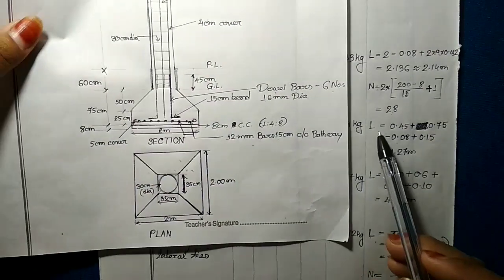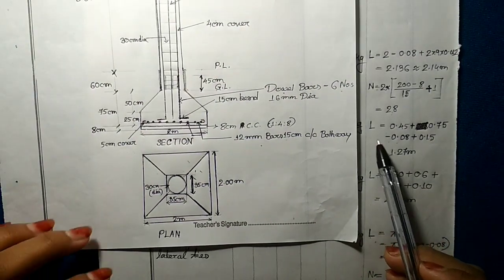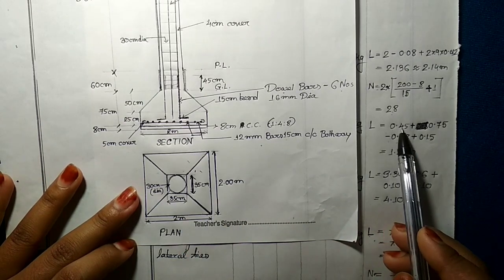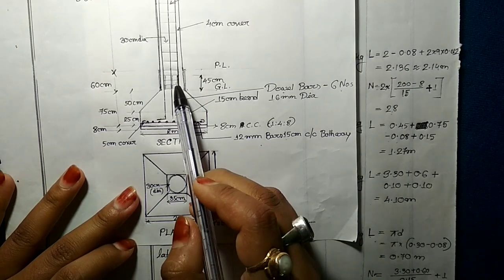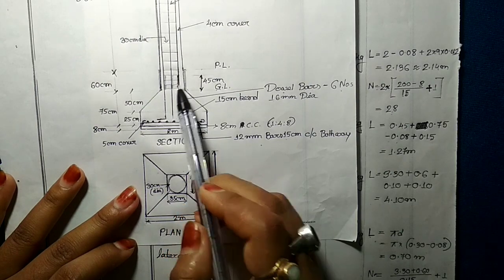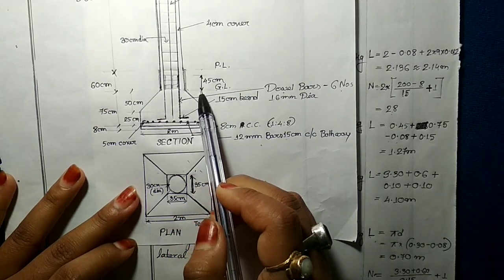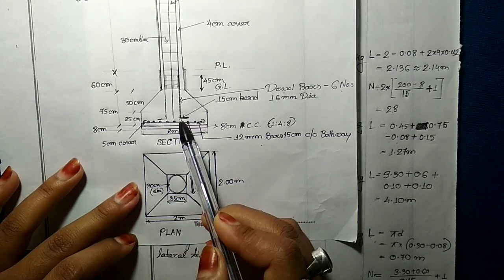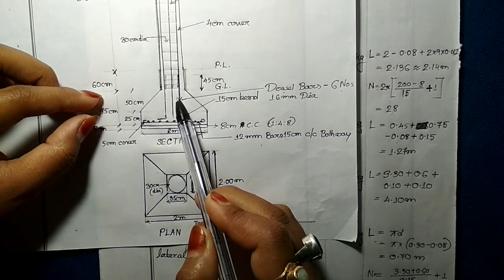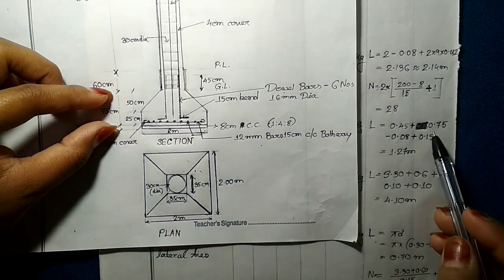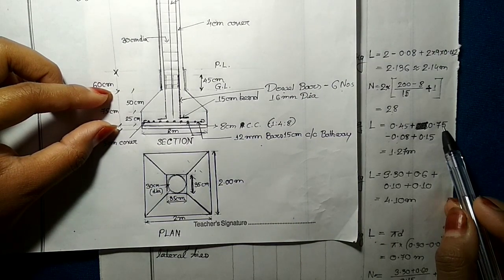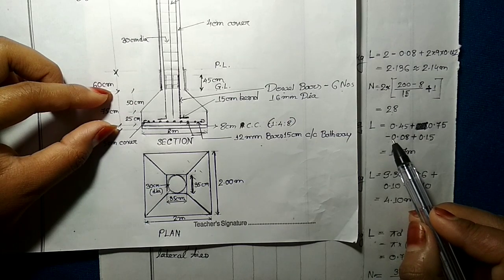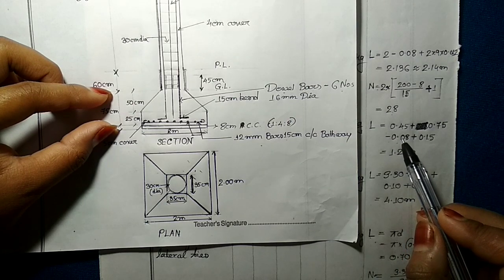Okay, for length again go to the diagram. 0.45. What is 0.45? This overlapping portion. See, this is already mentioned here. Okay, 45, and from this part to this one, from ground level to this is given as 0.75, but we need to minus this portion like 0.08.